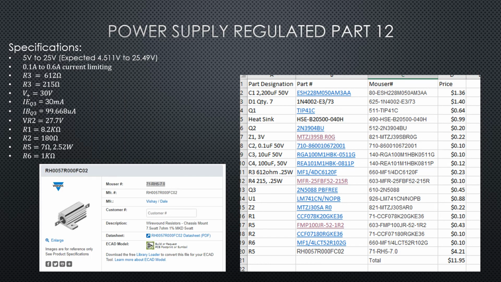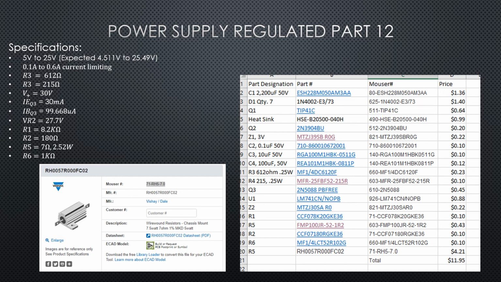Here are the parts looked up from Mouser. You notice with the variable current limiting, our R5, because the resistance went up a little bit, ends up with more power in that position. So it's a 2.52 watt resistor.